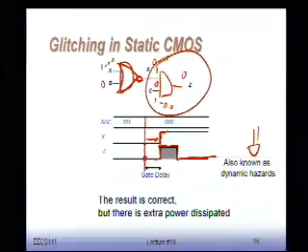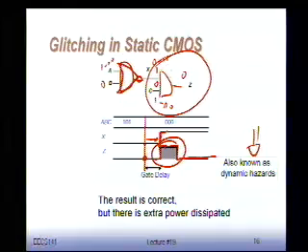X is 1. Yeah, you go back to 0. So what really happened here? The fact that you have this glitch here, you have this temporary type of transition. The reason this happened is the following: my X signal is actually changing later.